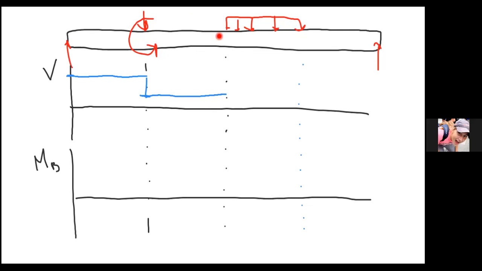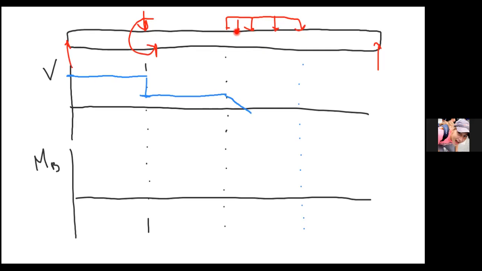Boom. And then here, now we've got a rectangularly distributed load. So the shear is going to be changing in a linear fashion, going downward. And we know that the total magnitude that we're going to go downward is 800 times 7, right? So I'm going to take this 1750 that I have here and subtract 800 times 7, and that's going to get me to negative 3850.